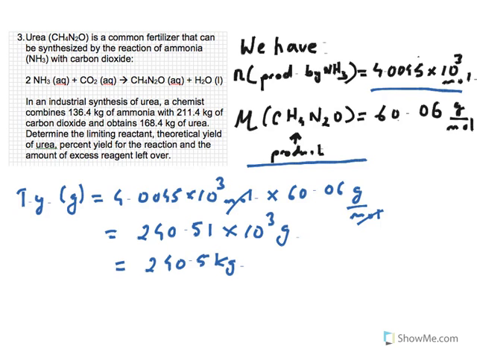Now that we have the limiting reactant and the theoretical yield calculated, we only have the percent yield and the amount of excess reagent left over to find out. Percent yield is basically a measure of how much product is actually created with respect to the predicted or theoretical yield, which we have over here.